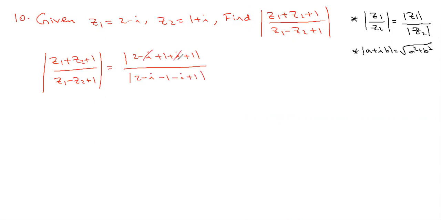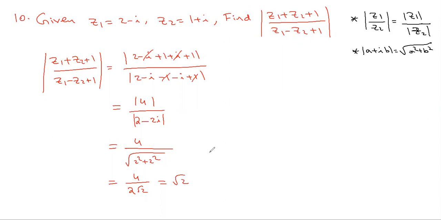So i gets cancelled, and here minus 1 and plus 1 get cancelled. So you get a 4 in the numerator, and then 2 minus 2i in the denominator. So mod 4 is 4 itself, because 4 plus 0i, and this is under root 2 square plus 2 square. The 4 by root 8 is 2 root 2, which is equal to root 2.